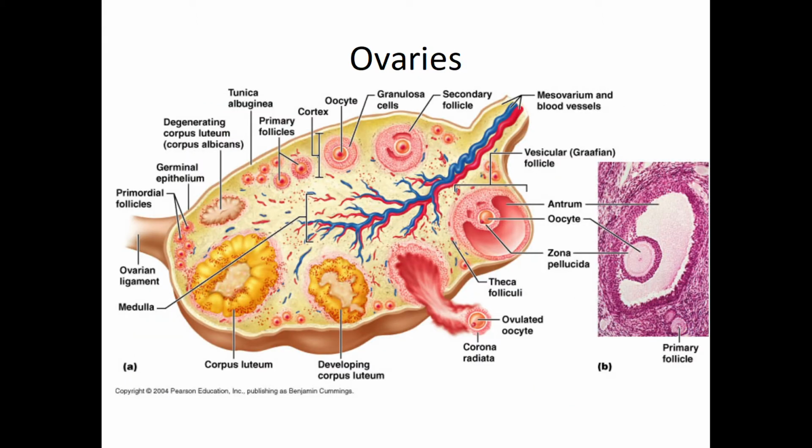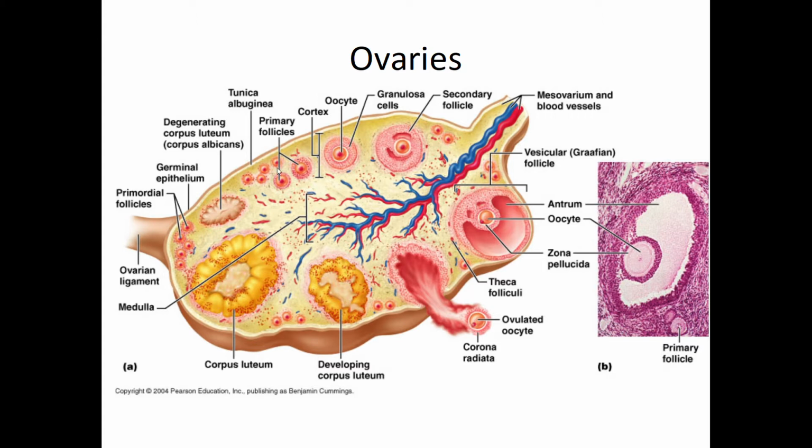So let's zoom in on these ovaries. The ovaries are where this whole cycle starts. In the ovaries, you have a set of primordial follicles. A person with ovaries is born with all the primordial follicles that they will have for their whole life, and every month from puberty until menopause, some of those primordial follicles will develop into primary follicles.